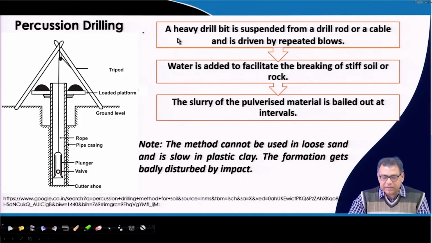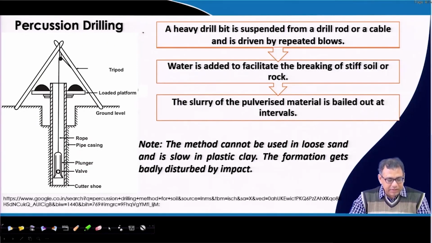Then percussion drilling. Here a heavy drill bit is attached to a drill rod and cable and is driven by repeated blows. In the previous method the bit is rotated by power, but here it is driven into the soil by blows. Then water is added to facilitate the breaking of stiff soil or rock, and the slurry of this material is bailed out at intervals.